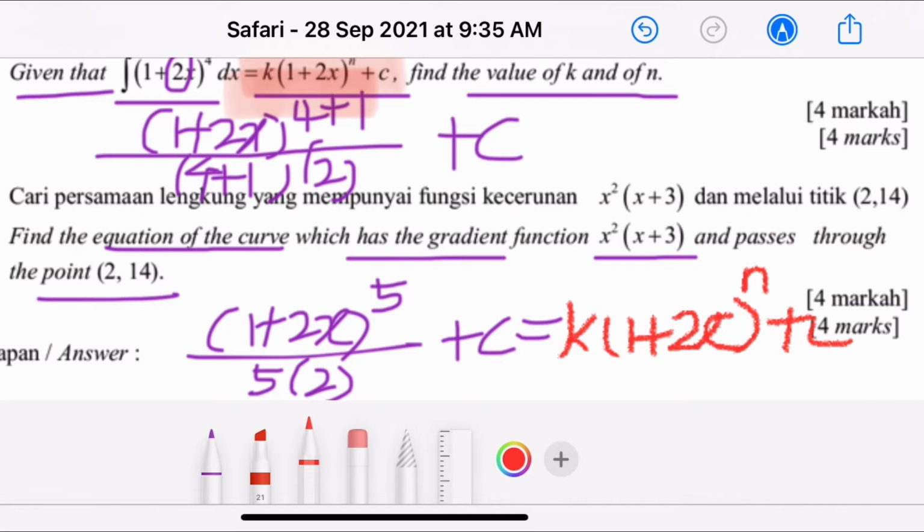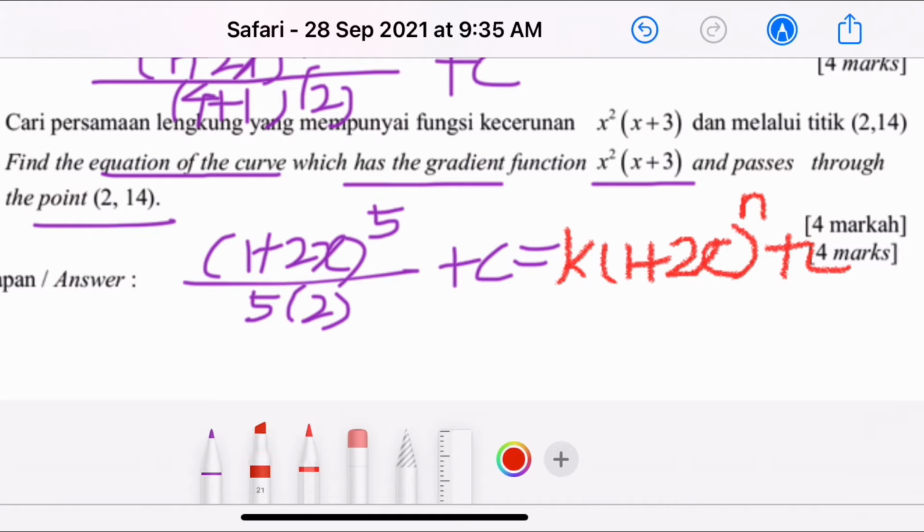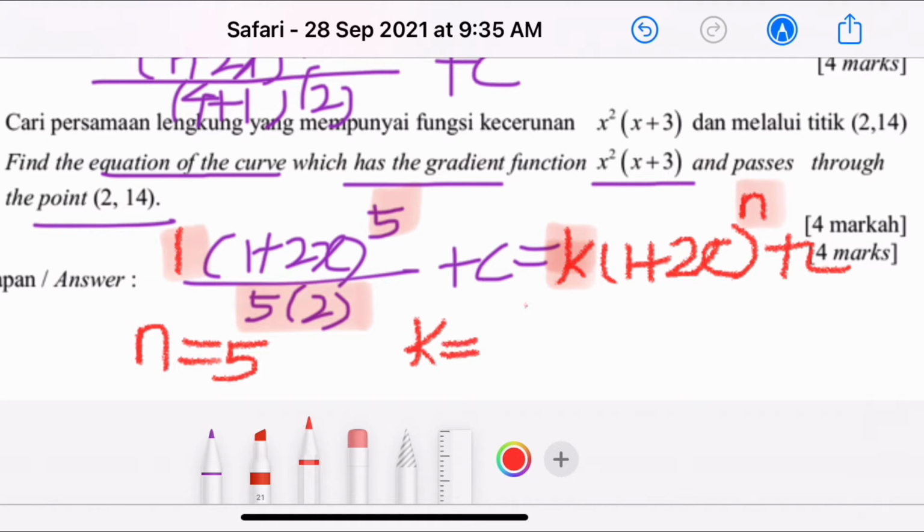Meaning that we will do comparison, and we will say n equals 5, and then we will highlight the k here. K should be 1 over 10, right? That is how we do comparison from the answer given.